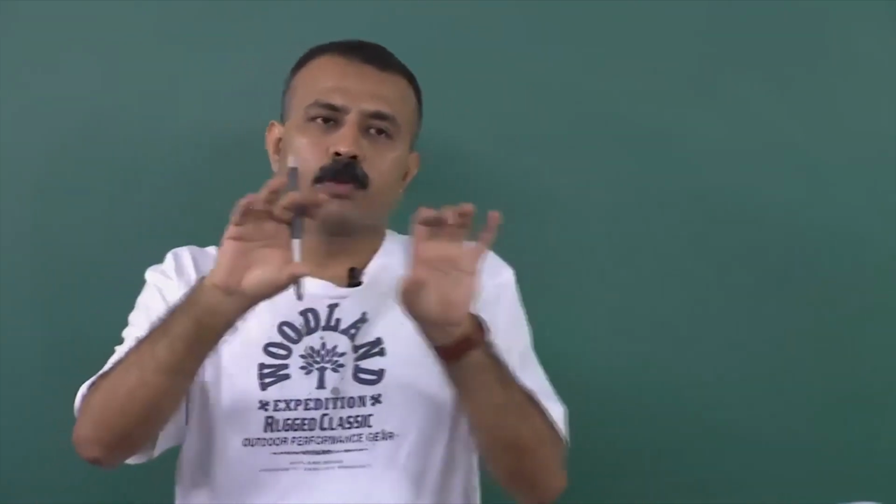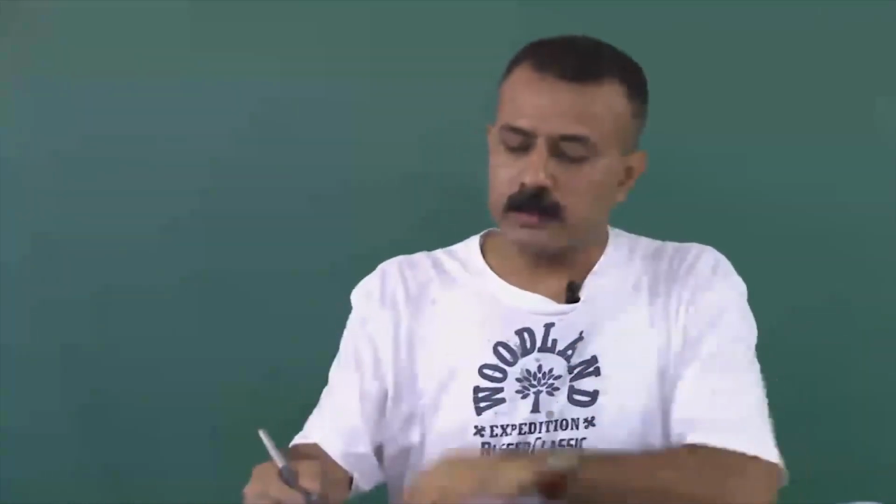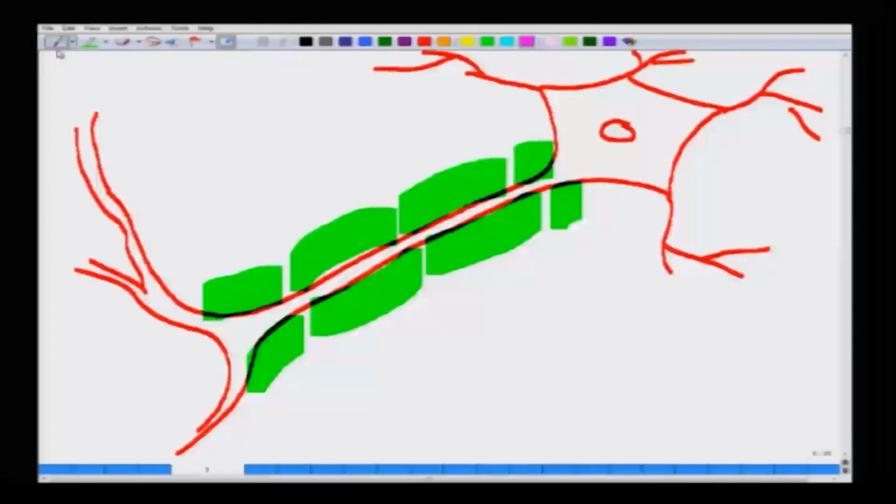So, that is why it is put inside an insulator, and these insulating cells are, in the case of a motor neuron, as long as this motor neuron is inside the spinal cord, it is myelinated, or the insulation is done with a specific kind of cells called oligodendrocytes, and when it is outside the central nervous system, it is insulated by another kind of glial cells, which are the supporting cells of the nervous system. Those are called Schwann cells.